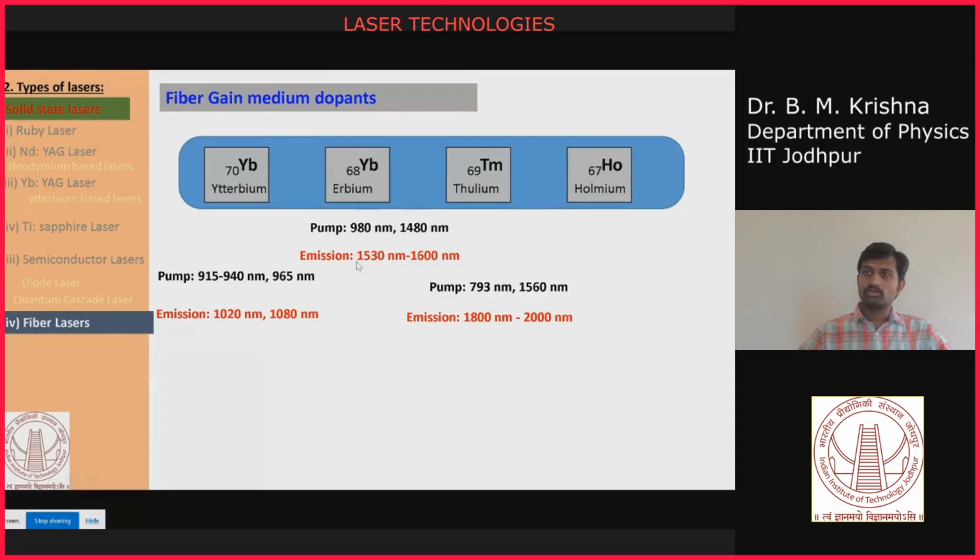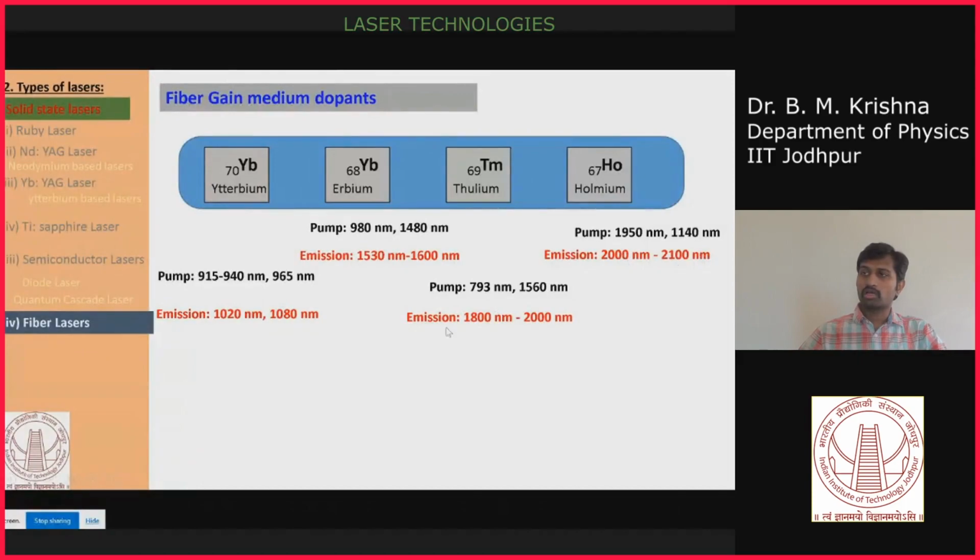Your erbium gives 1530 to 1600, your thulium is 1800 nanometers to 2000 nanometers, and your holmium gives emission wavelengths from 2000 to 2100 nanometers. Now you see it has a coverage of almost 1000 nanometers to 2100 nanometers.